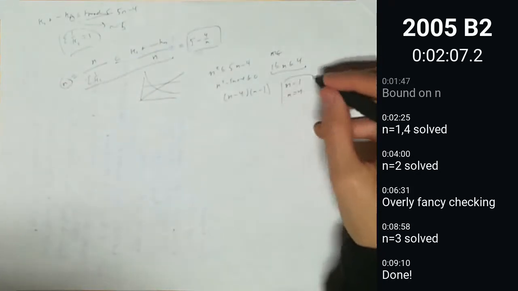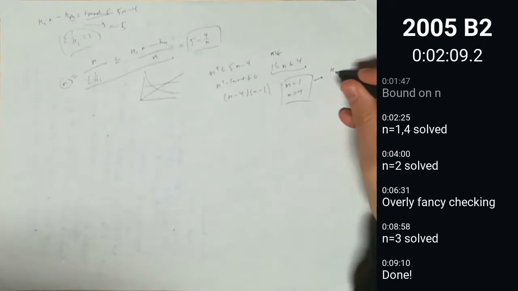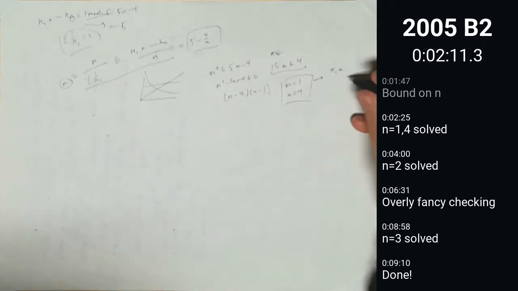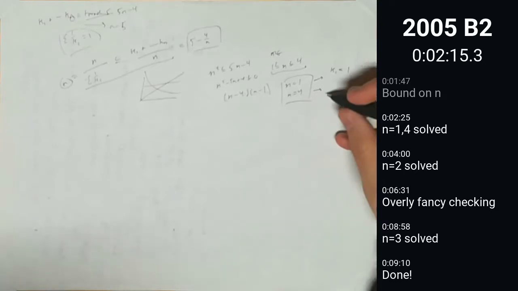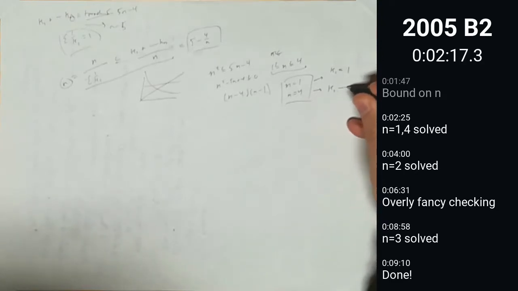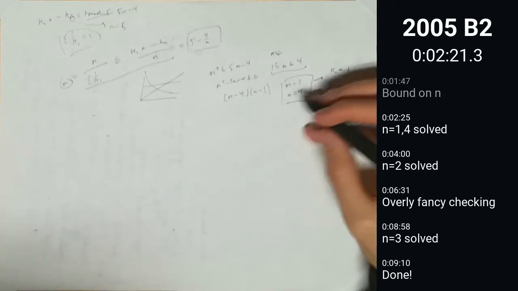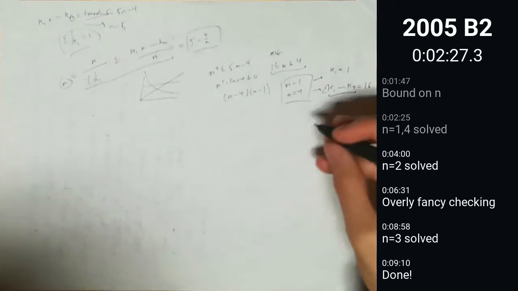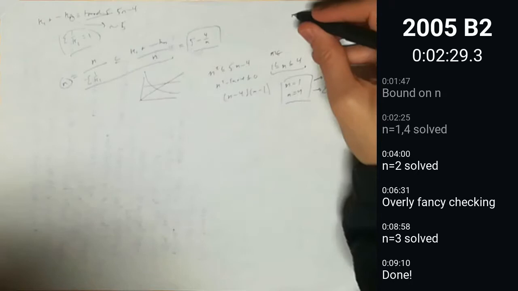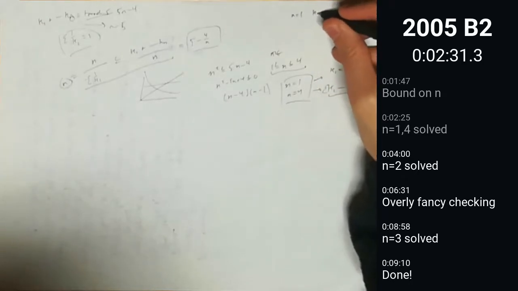So in this case, for n equals 1, that's kind of trivial, we have k1 is equal to 1. Otherwise, for n equals 4, we have k1 through k4 all equal, and the sum is equal to 4 times 4, which is 16. So we already have two solutions. If n equals 1, then k1 has to be equal to 1.